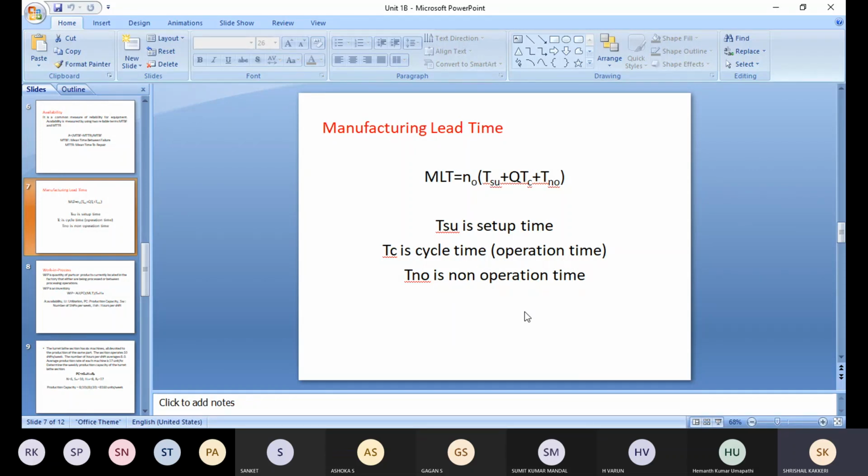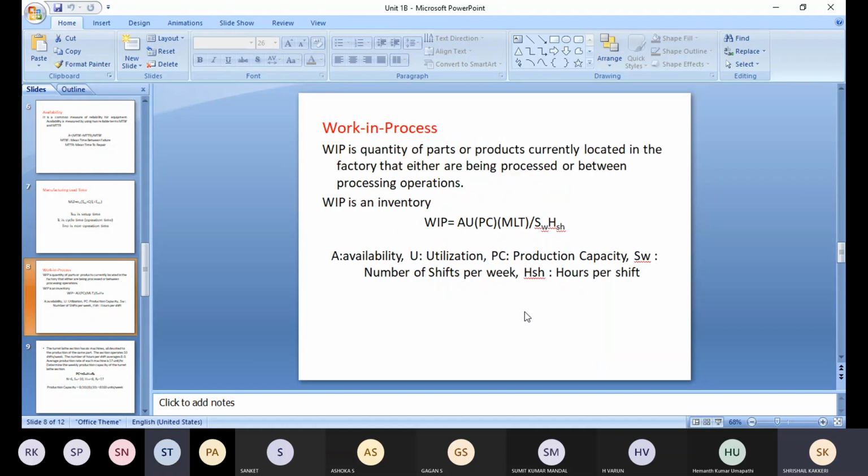It may be non-operation time, operation time, or just idle time, or it may have been completed. That will be deciding it. And work in progress, I have already explained. Some of the works have been totally completed, some will be waiting to enter the next workstation, and some will be in between the workstations. That will be deciding the work in progress.